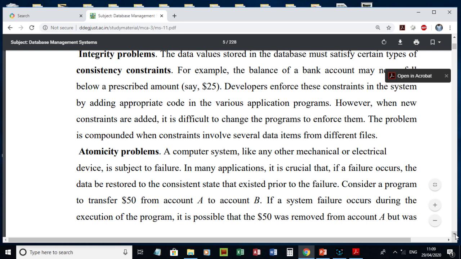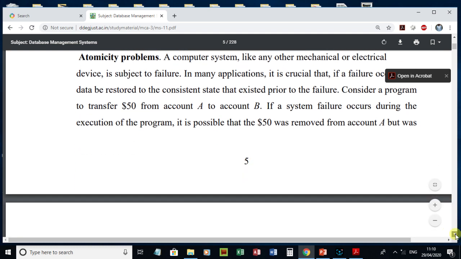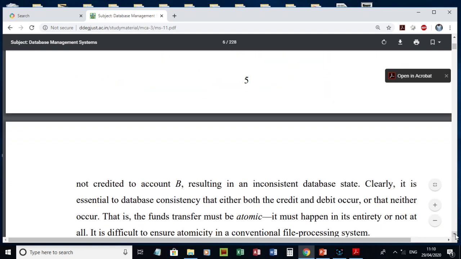Consider a program to transfer $50 from account A to account B. If a system failure occurs during the execution of the program, it is possible that the $50 was removed from account A but not credited to account B.